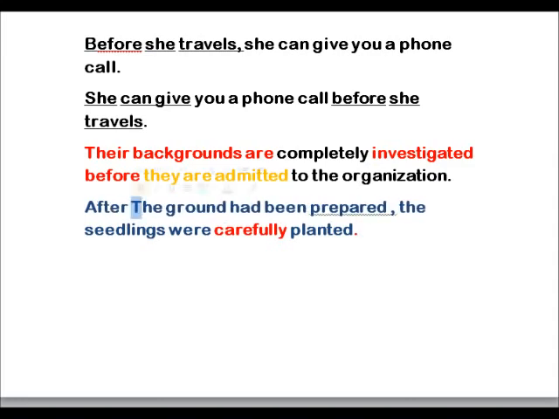Okay, and let's make that a small letter. After the ground had been prepared, the seedlings were carefully planted. Now this is fantastic. We've got connector, subject, verb, and the beautiful comma. Then we have subject, verb, so everything is great. Now let's move to another sentence.